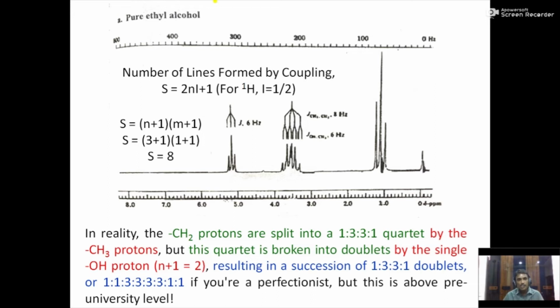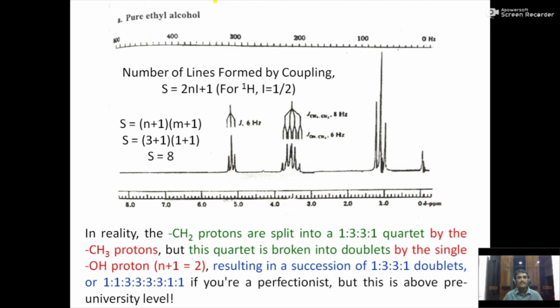Nearby to CH2, CH3 is there, meaning 3 protons of CH3 are there, and on the other side OH is there, which has 1 proton. So in case of absolute ethyl alcohol, that OH proton will also couple with the CH2 protons.